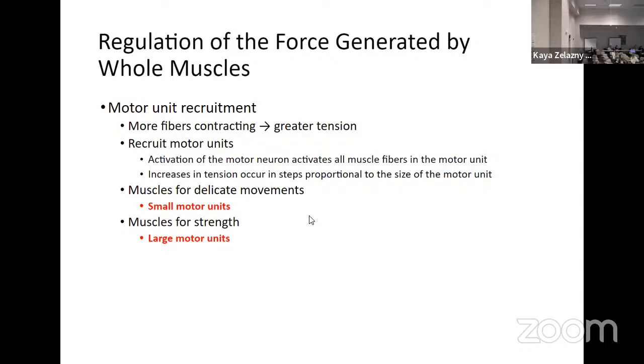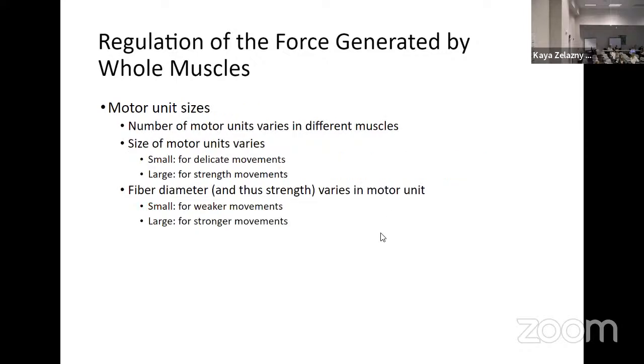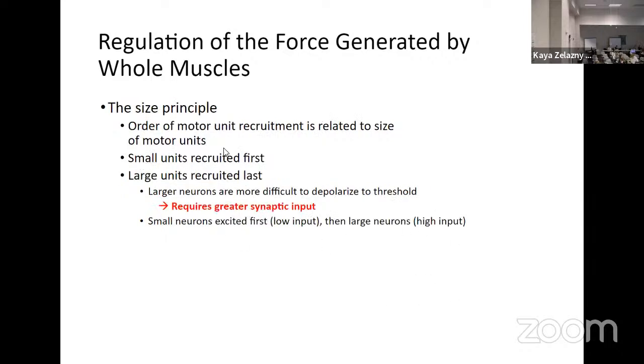For strength, you want to get large motor units with lots and lots of muscle tension, force generating ability. So this is what's up with the fiber diameter. In those small motor units, you'll also expect those individual muscle fibers to be thinner, smaller diameter for weak movements, larger diameter for those stronger movements, more sarcomeres in parallel, creating more force.